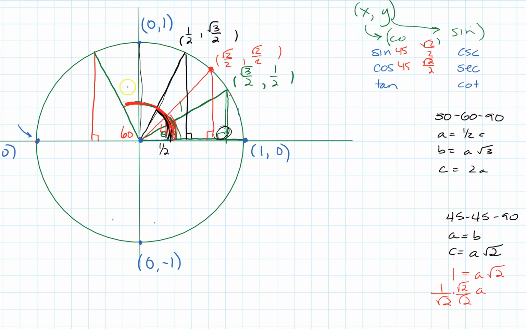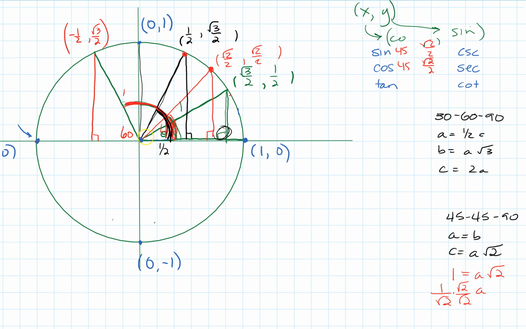And you know if this is 60, this is the short side, but it has to be -1/2 because it's going this way, and this side is √3/2. And notice it's just this point right here reflected over the y-axis. And if you reflect anything over the y-axis, you just change the sign of the x.